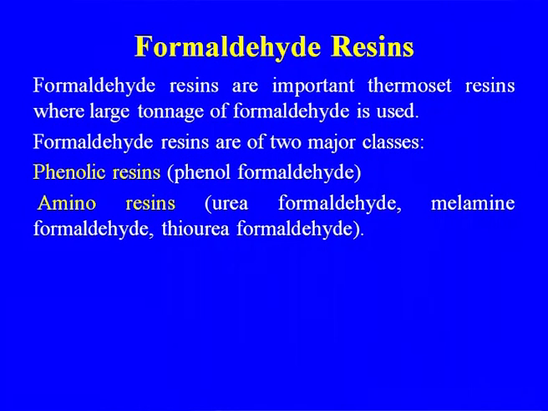One of the major consumers is formaldehyde manufacture, and this formaldehyde is used in the manufacture of resins. Formaldehyde resins are of two major groups: the phenolic resins, where we have phenol formaldehyde, and amino resins, meaning urea formaldehyde and melamine formaldehyde, and thiourea formaldehyde is also there. This comes in the amino resin group.